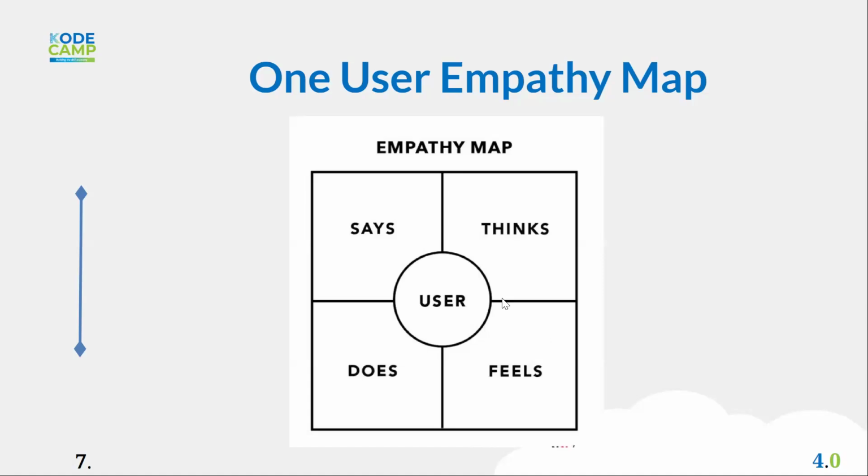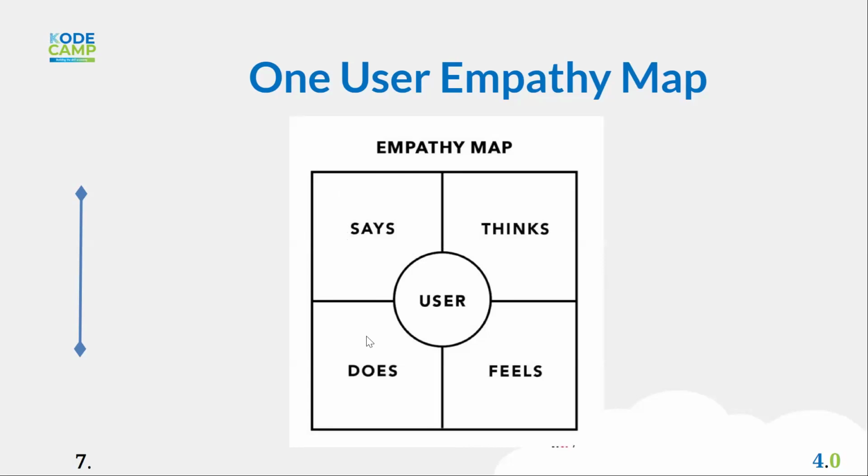So for the same quadrants, let's say that you are researching a food delivery app. Let me say you interview Juliet, and Juliet says that she wishes to get her food delivered on time. So on this Says quadrant, if you can see my cursor, this is where you put what Juliet says about a food delivery app.